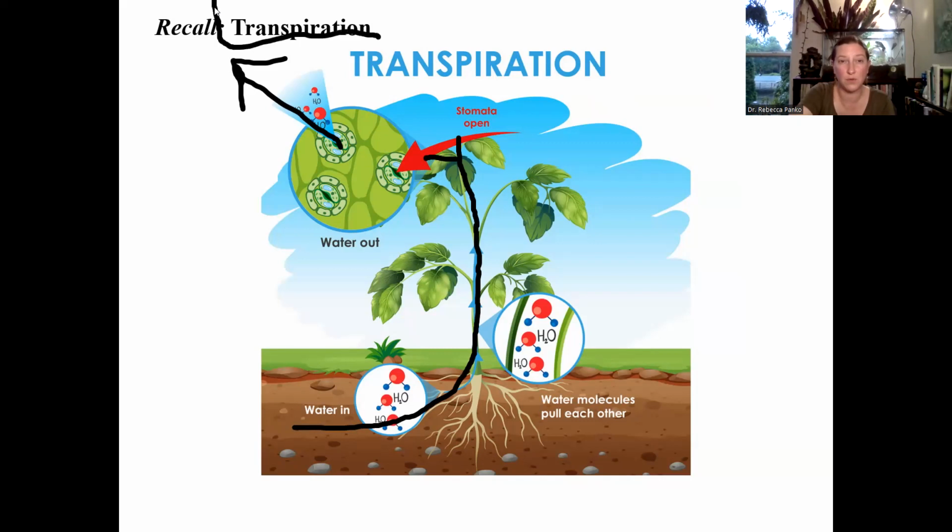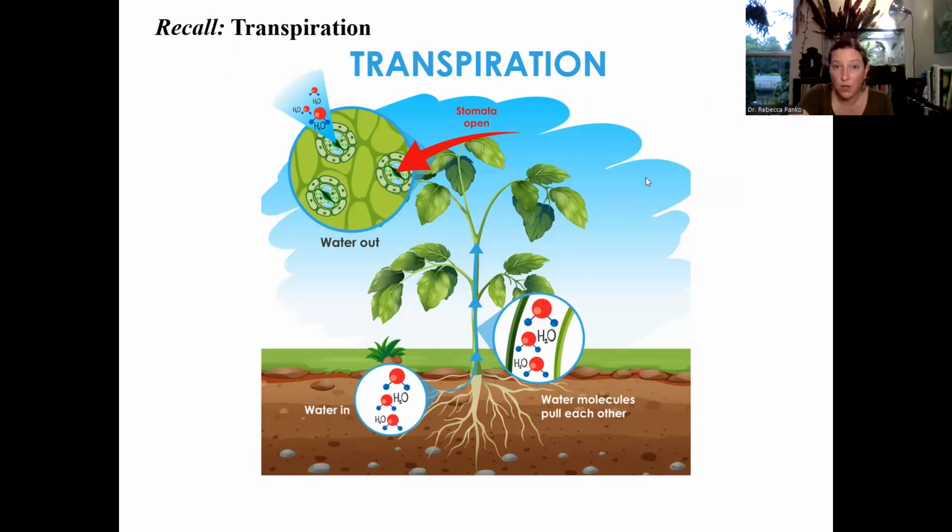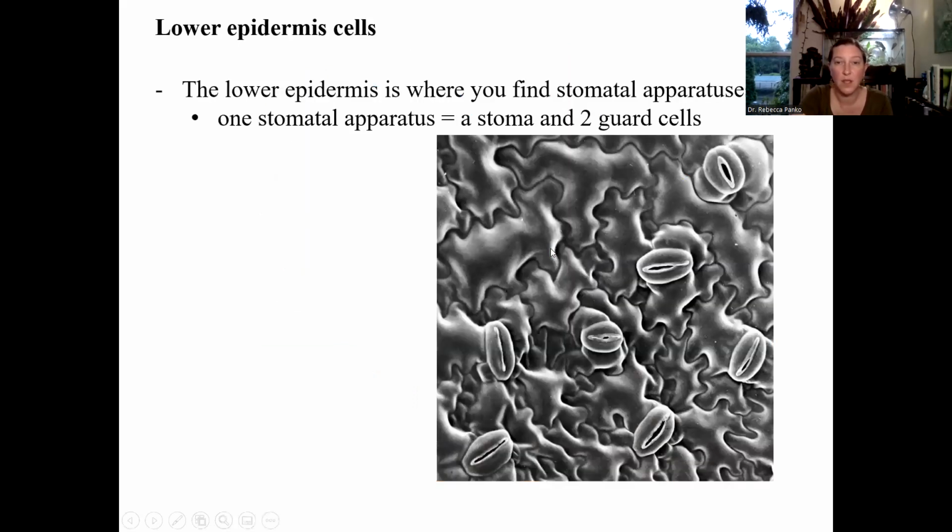And when that water vapor is released, we call that transpiration. So you might see this term here, stomata, stomata open. And that is what this structure is, basically a structure that has an opening. We could call that structure a stomata. Stomata for this class is fine. There's other ways to describe it.